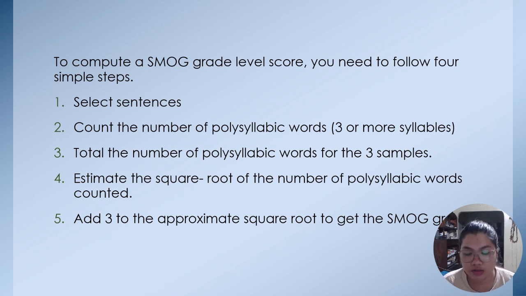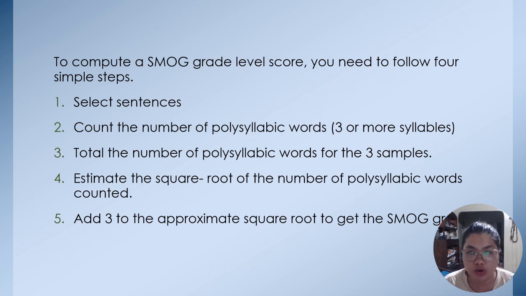Now count the number of polysyllabic words for the next two samples, marking each polysyllabic word with a slash, as shown on the next slide. Next is to total the number of polysyllabic words for the three samples: add the totals for the beginning, middle, and end.